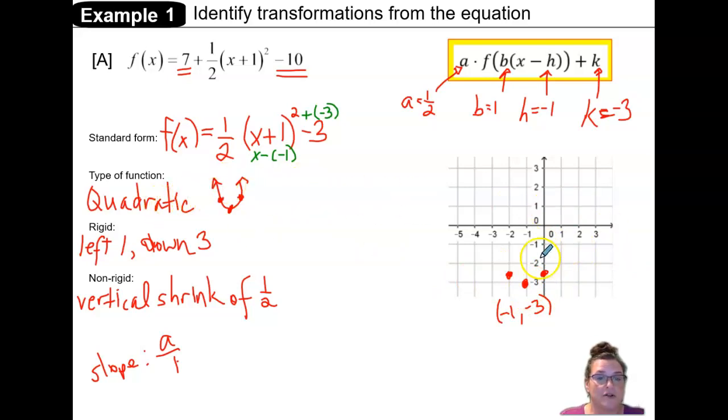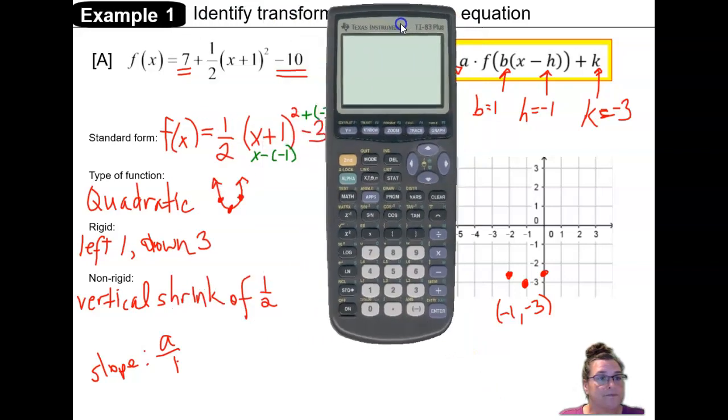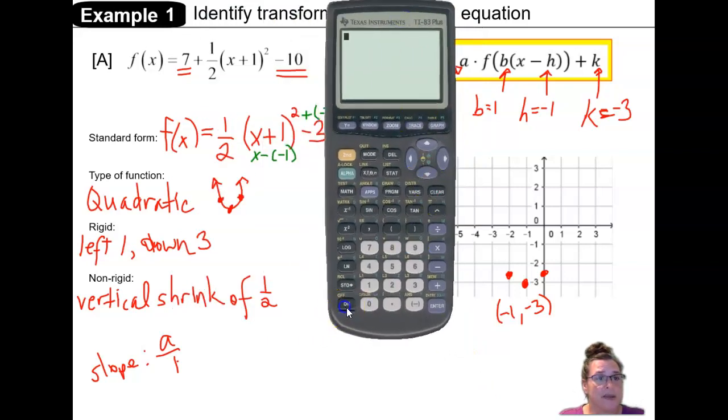Now, it's difficult to tell from just 3 points what is happening up at the top here in the graph, and we want to make as accurate a sketch as we can. So using the graphing calculator here, I'm going to just pick a value for x and find a y that goes with it to get me another point on this graph.